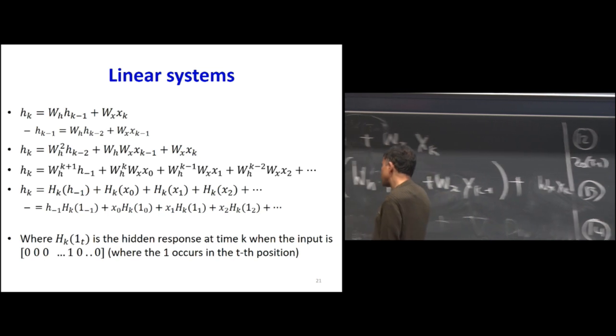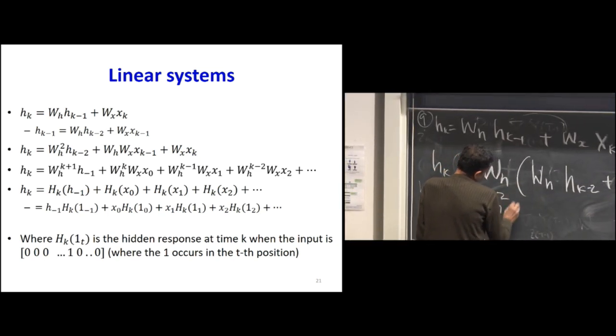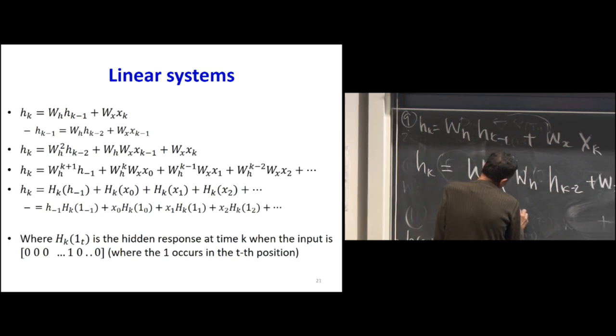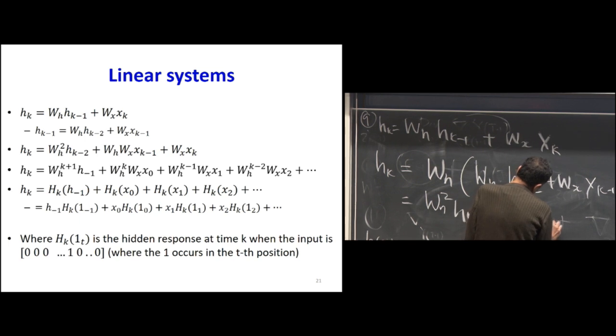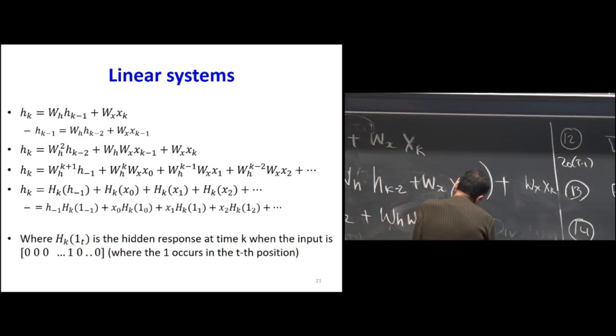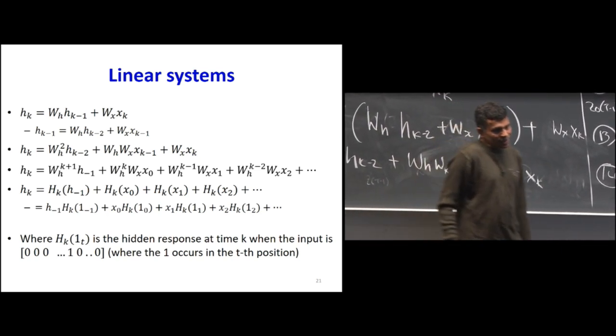Which, if I write this out, is going to be W_h squared h_{k-2} plus W_h W_x x_{k-1} plus W_x x_k. Make sense?